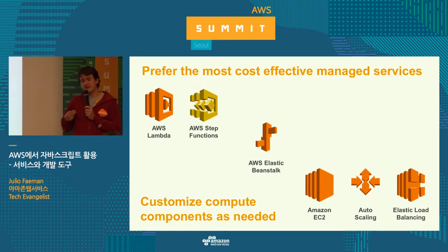But there are some cases, with legacy libraries perhaps, or applications, where you need to have access to the underlying server and configure it properly. And that may be the case for Elastic Beanstalk.